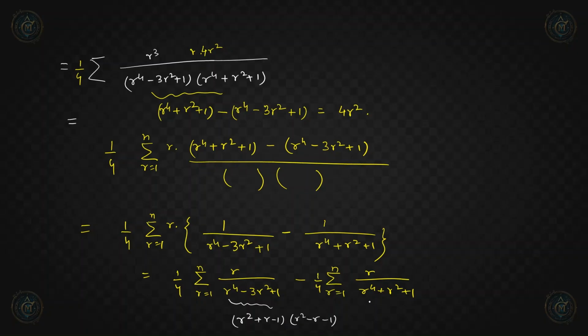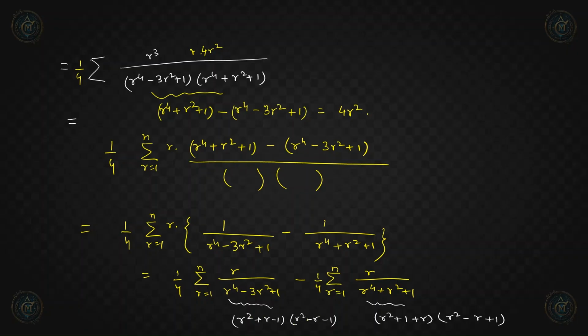And this thing also has two factors. Okay, r square plus 1 plus r, and we have r square minus r plus 1. Okay, like this. And if we check the difference of these two terms here, this will be 2r, right?